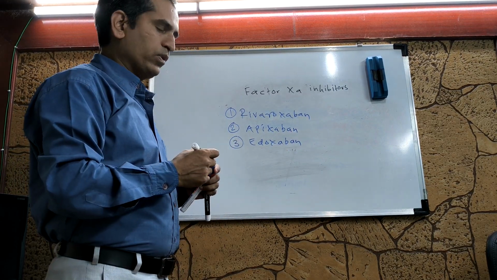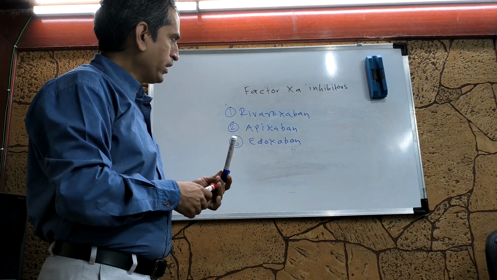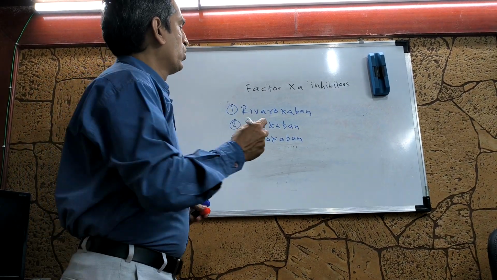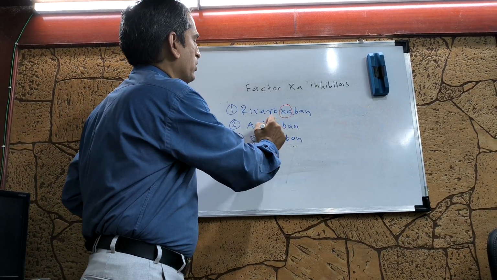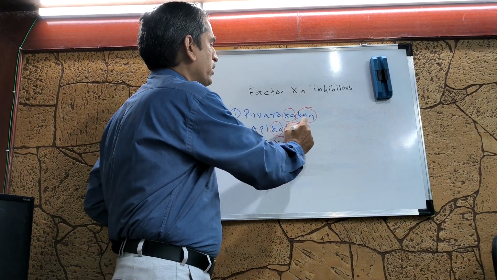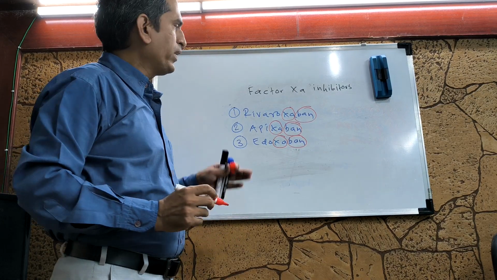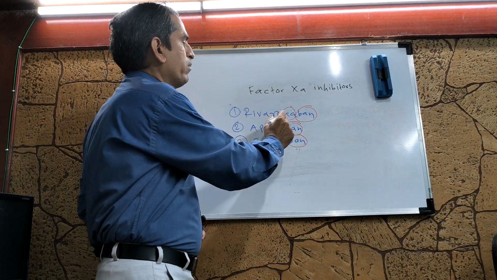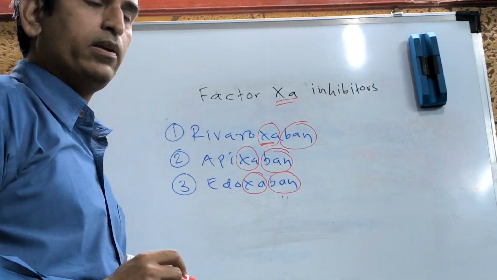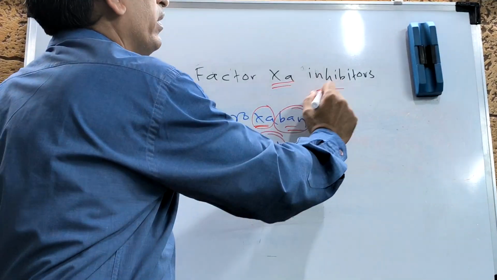Now read these words carefully and you will find some similarity in these three words. So XA is common in these three words. Ban is common in these three words. So what we can do is we can remember this XA for factor 10A and ban for inhibitors.